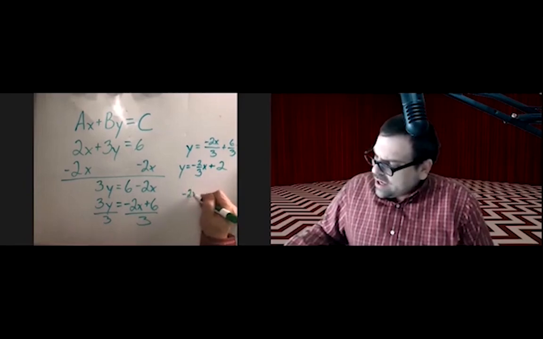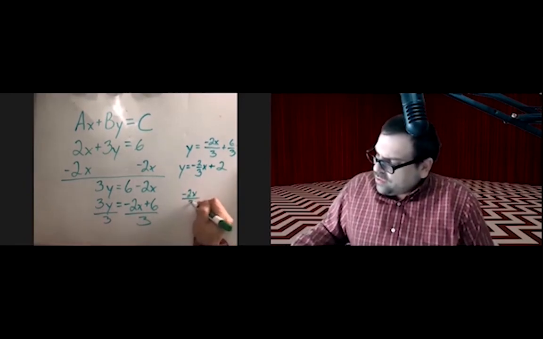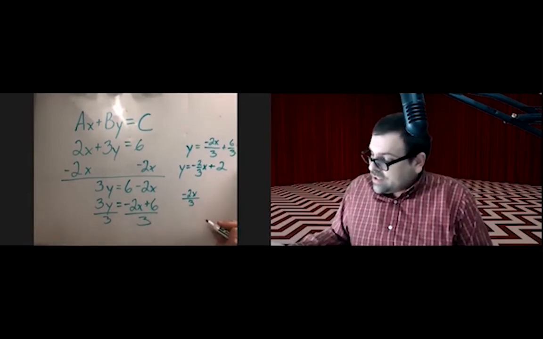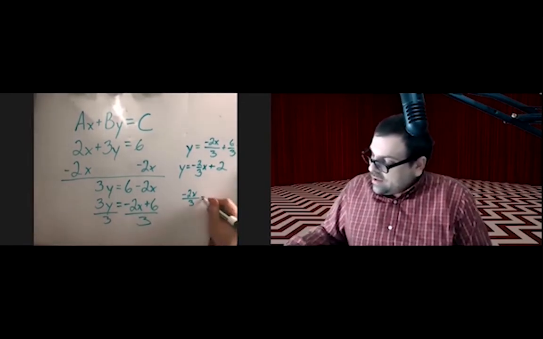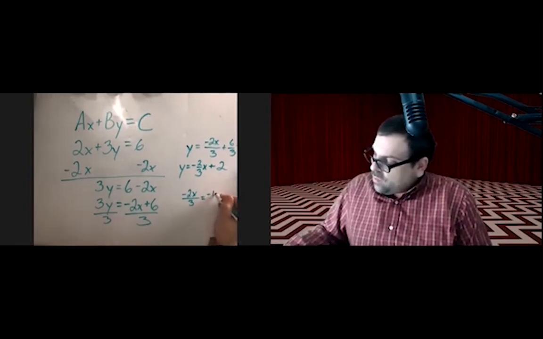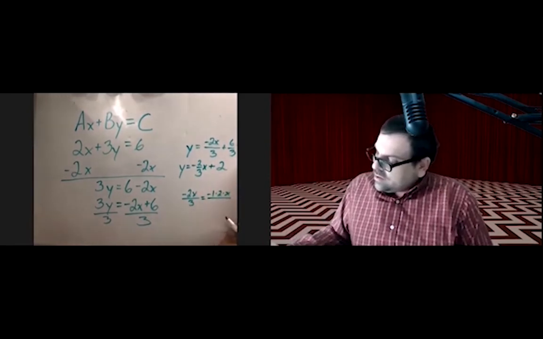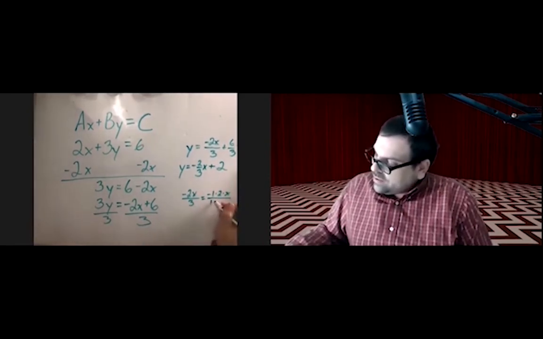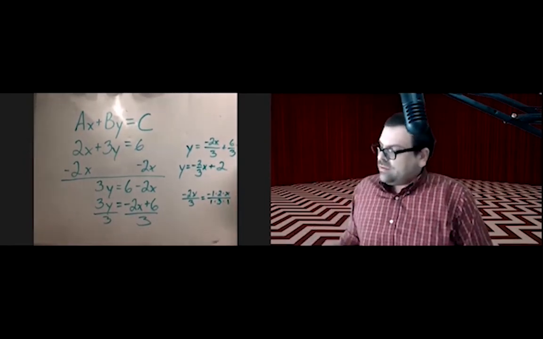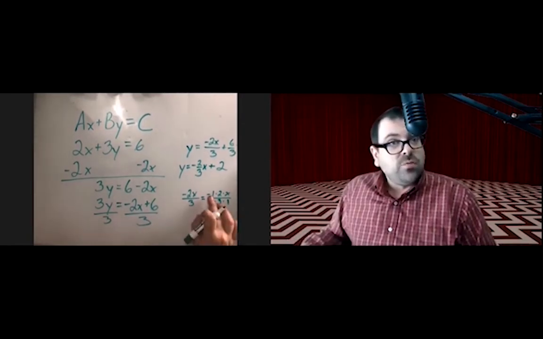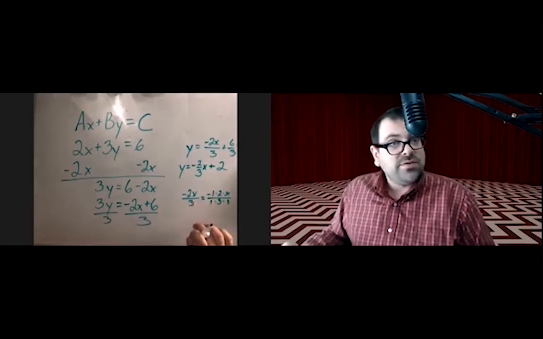Negative 2x over 3 could be considered the same thing as negative 1 times 2 times x over 1 times 3 times 1. 1 times 3 times 1 is 3. Negative 1 times 2 is negative 2 times x is negative 2x.